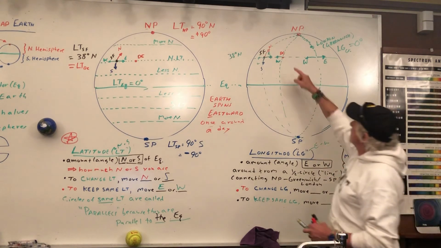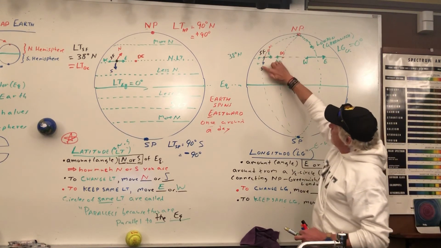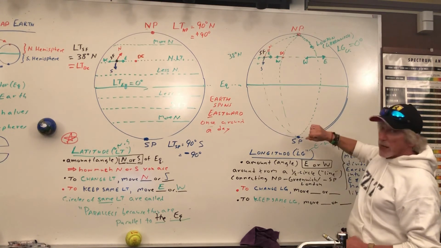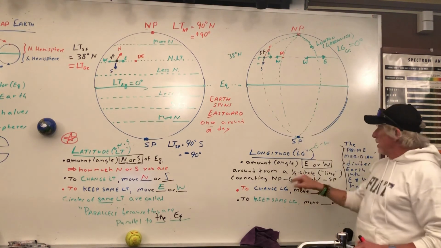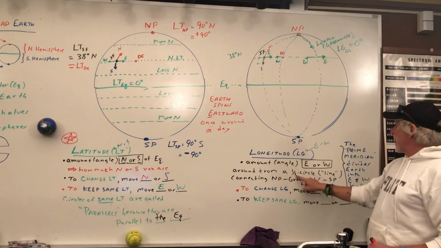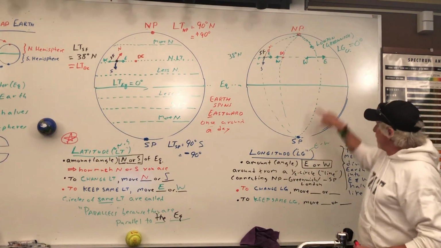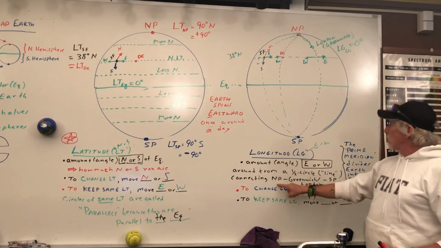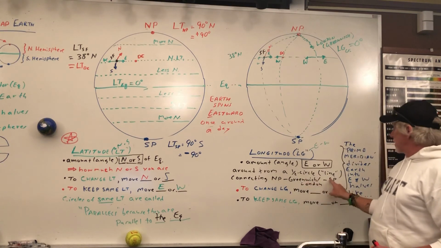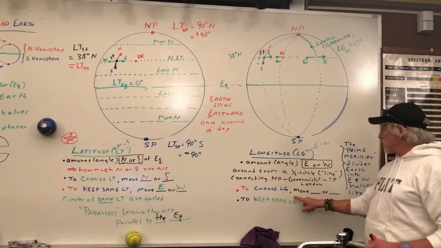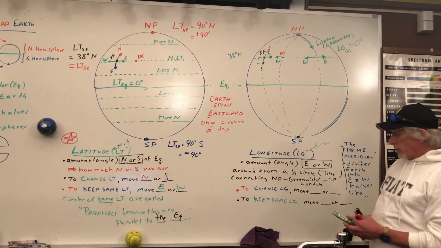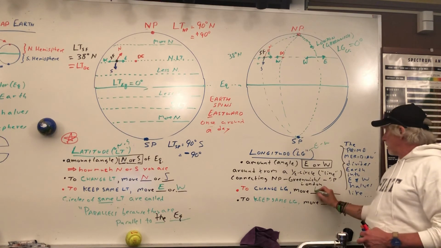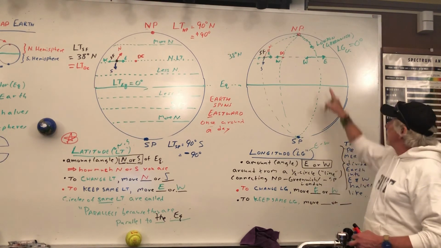Okay. All these have the same longitude. It's a half circle, same longitude. So go around from this half circle, connecting North Pole through Greenwich or London to South Pole, and to change longitude, then I've got to move east or west, right?